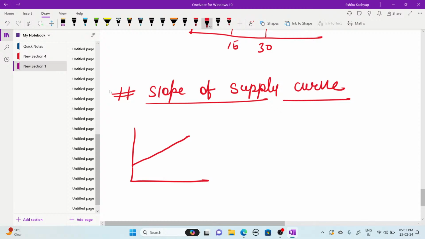So slope of supply curve refers to the ratio of change in price and change in quantity supplied. Slope is nothing but the ratio of change in price and change in quantity supplied.